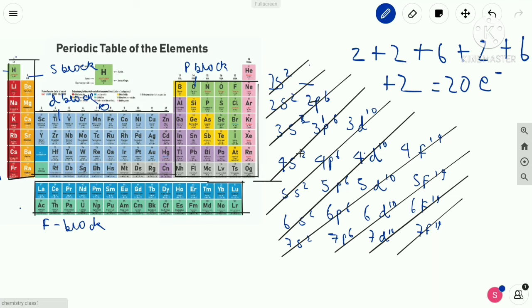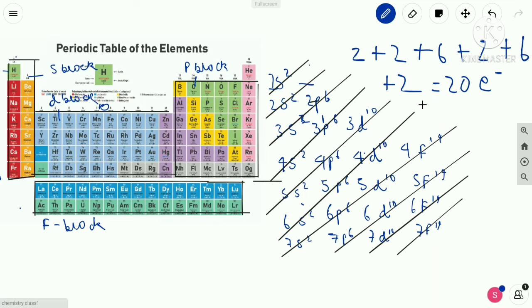But as we go from the 28th element, we see that the 4s shell gets filled before the 3d shell, and the 5s shell gets filled before the 4d shell.